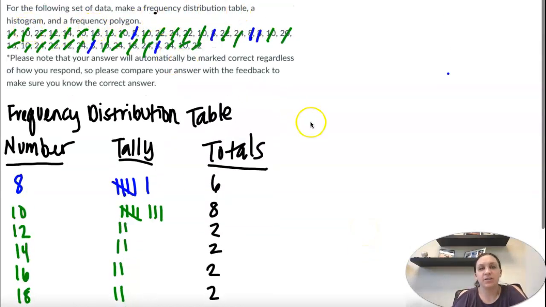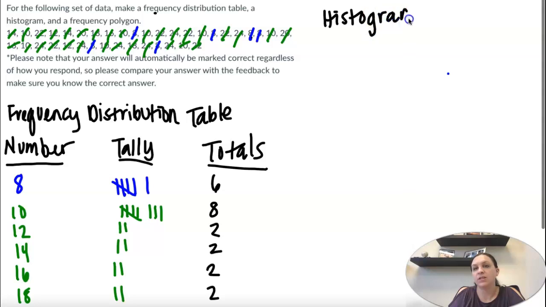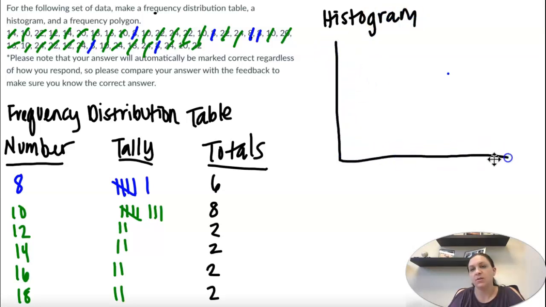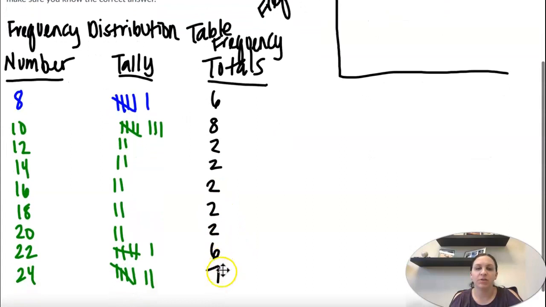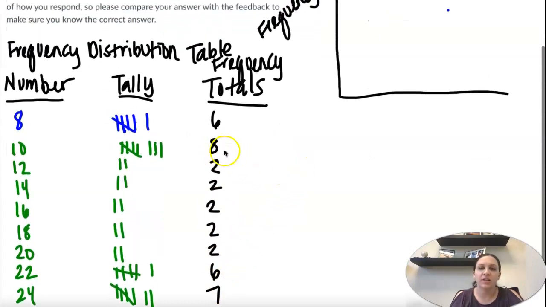Now we want to make a histogram and a frequency polygon. Okay, so a histogram has an XY axis where our Y value, I always turn my head because I'm going to write kind of sideways, is our frequency. So that is our totals. So think about our axis. We need from 2 up until 8.